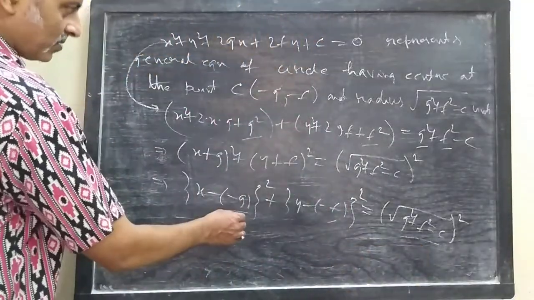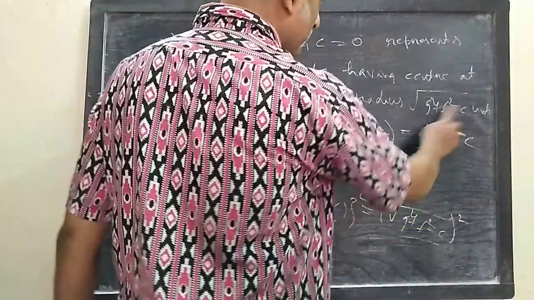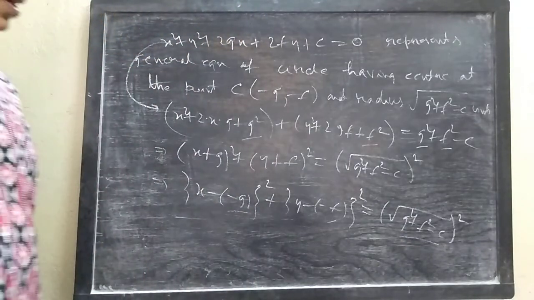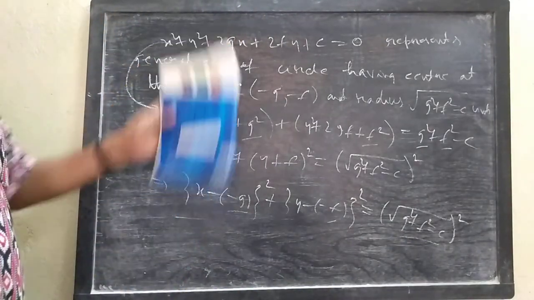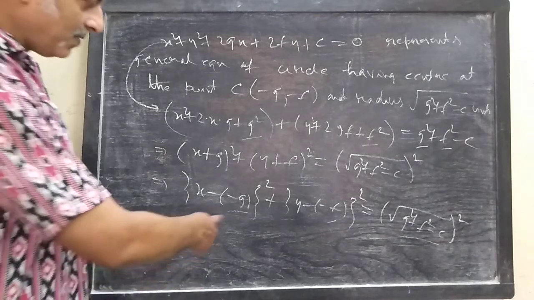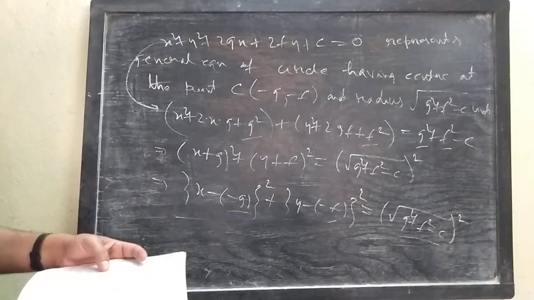We get x1 equals minus g, y1 equals minus f, and r is the root of g square plus f square minus c. So from this step we can conclude that this represents a circle having center at the point (minus g, minus f) and radius root over of g square plus f square minus c. Okay.